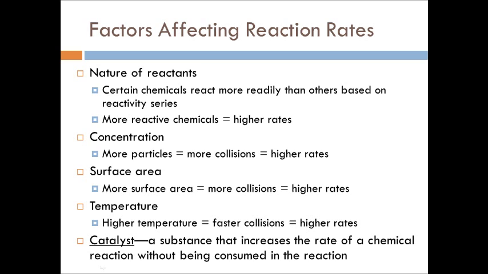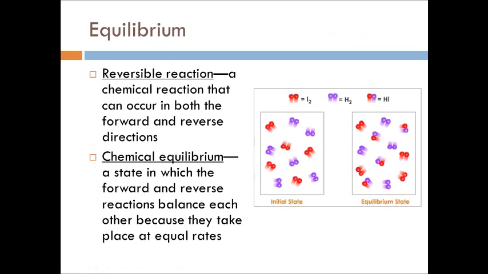A catalyst is something that will lower the activation energy and speed up the reaction, so it lowers the energy required for the reaction to go. The other important thing is that it is not consumed in a reaction.